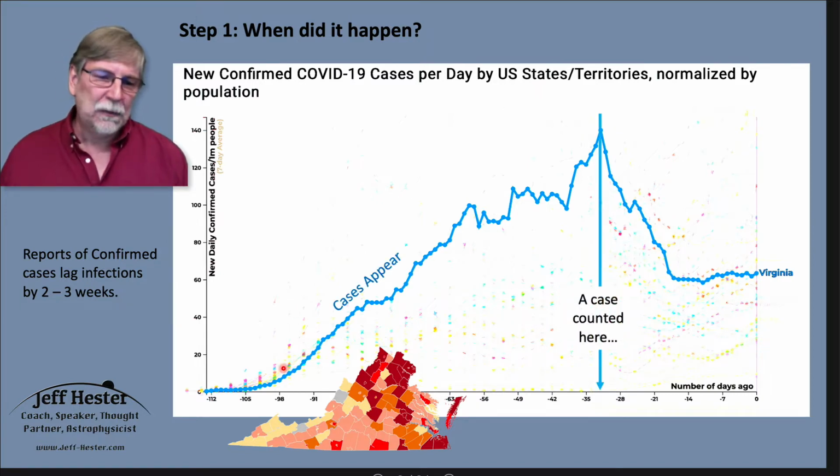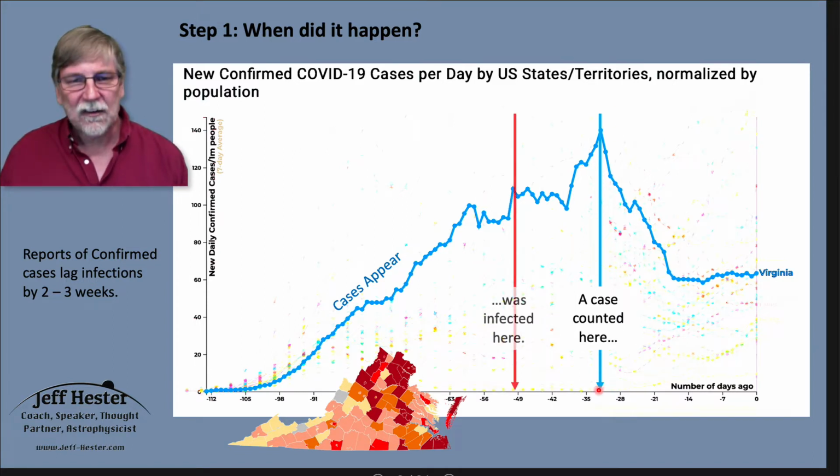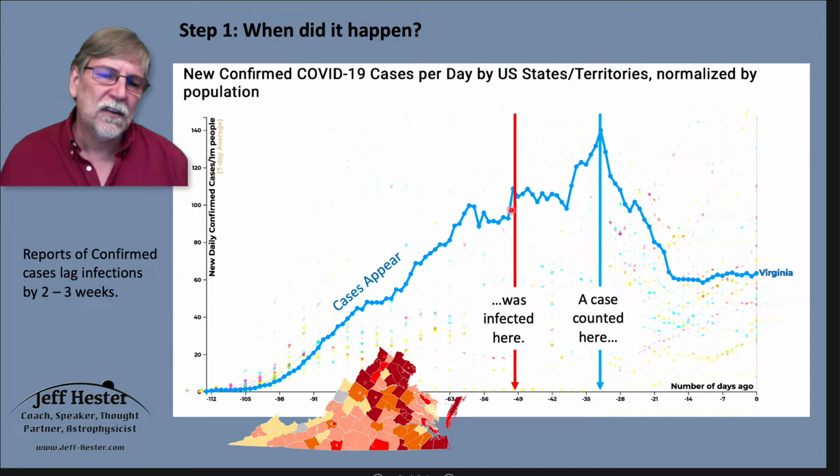You see cases appearing, confirmed cases, and they show up today, except that a case that was counted here didn't happen here. In fact, it corresponds to someone who was infected back here somewhere.